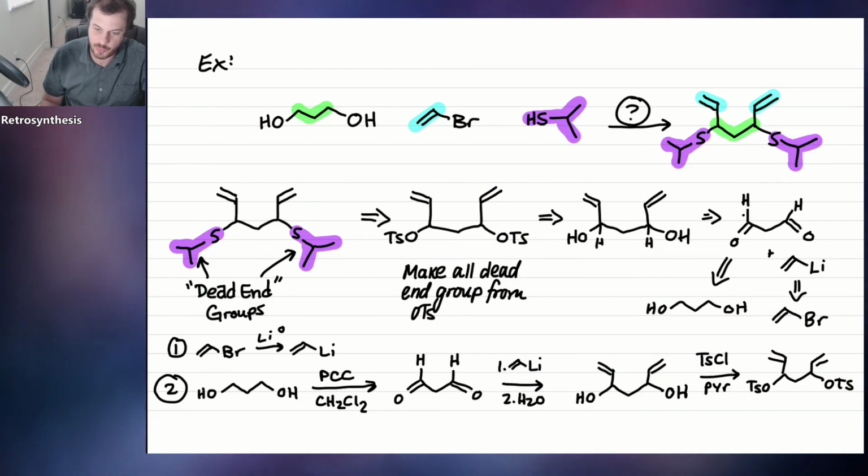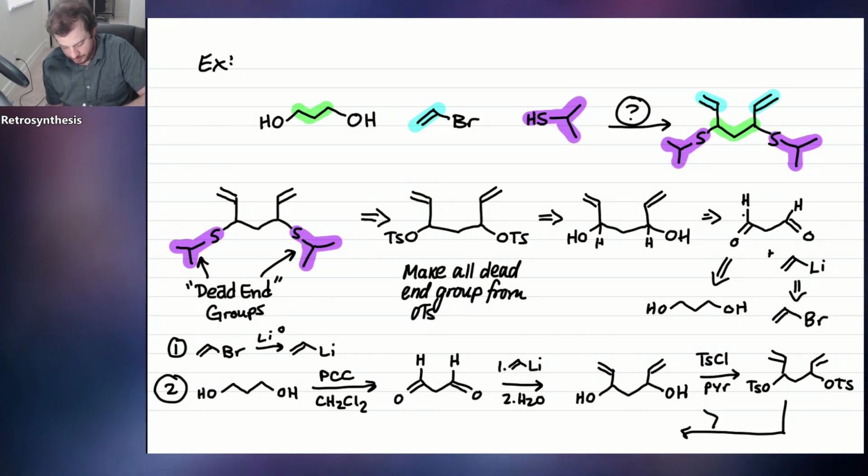Okay, and then now we want to put in our sulfur groups. We can put those in either with SN1 or SN2. Let's do SN2. So we could do SN2 if we use the deprotonated form of our thiol. You can do that.